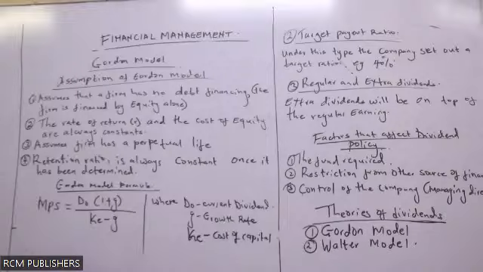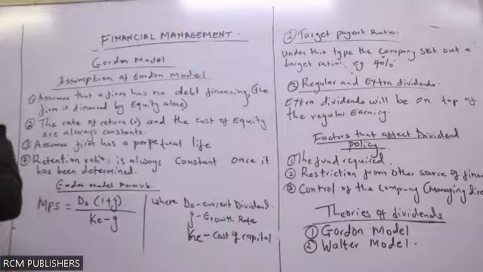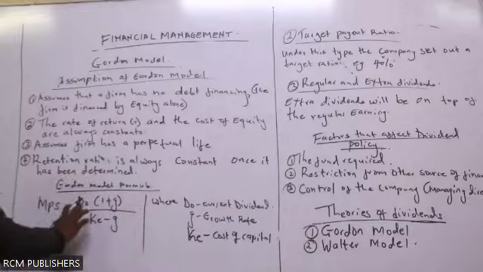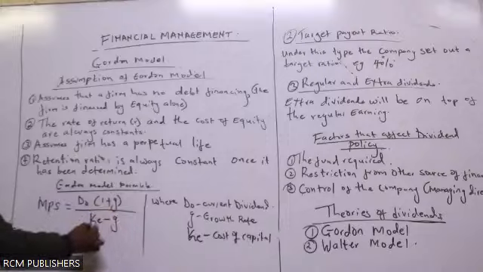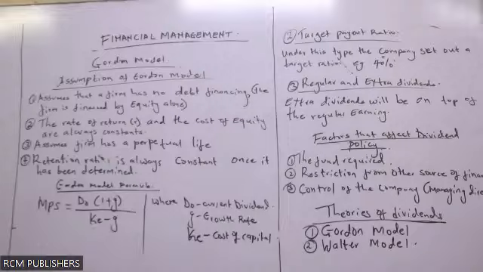In most cases, we pick our MPS as P0. What's important is to know that this is the current dividend, this is the growth, and this is the cost of capital.